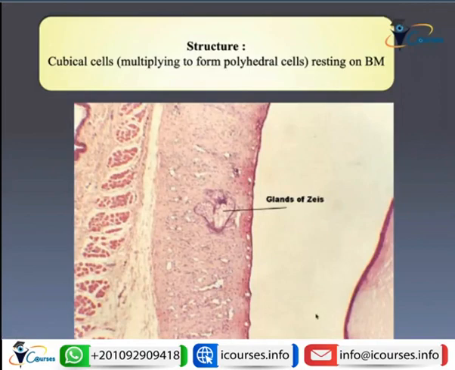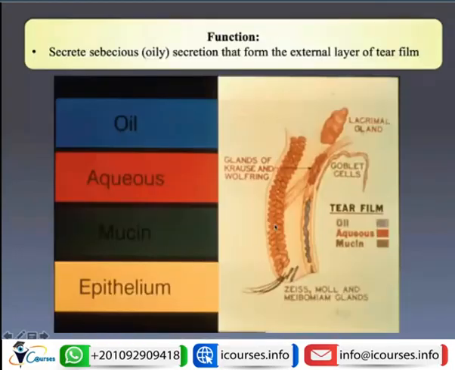The glands of Zeiss are cubical cells, sometimes showing polyhedral cells resting on basement membrane, and their function again is to secrete oily secretion that forms the external layer of the tear film. Is everything clear up till now?